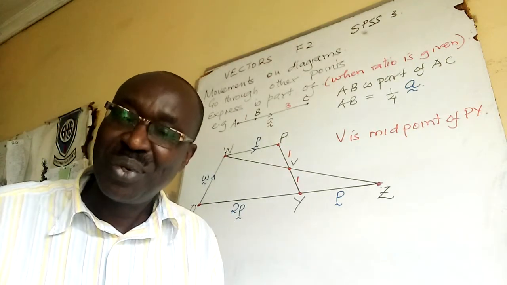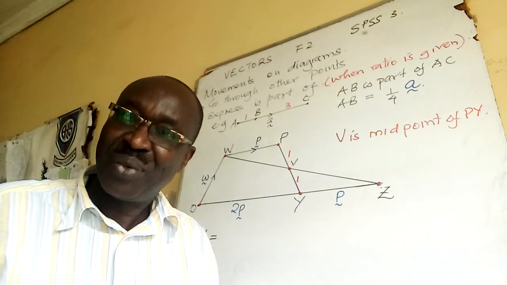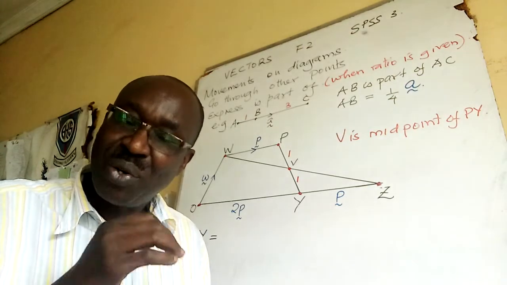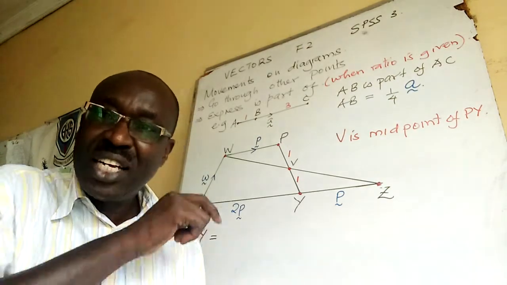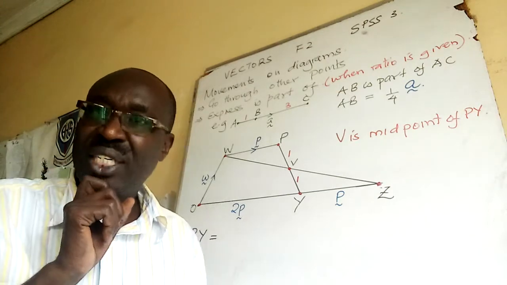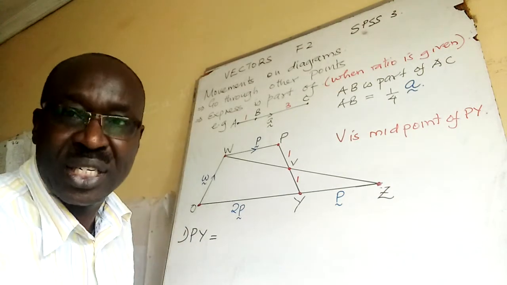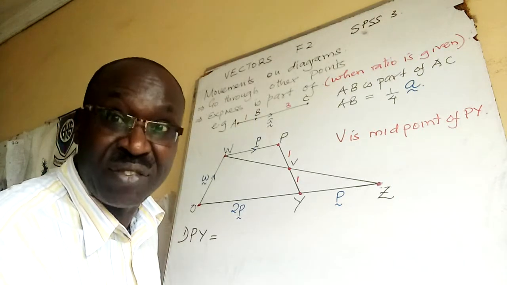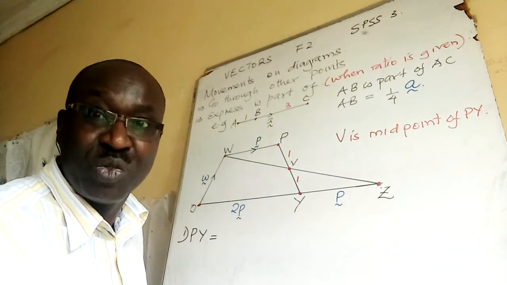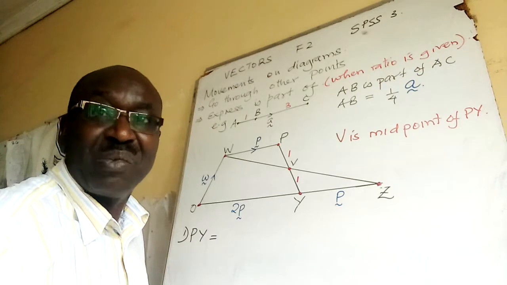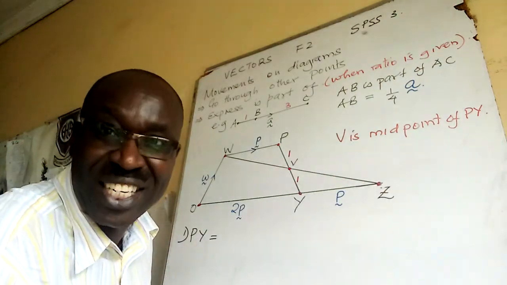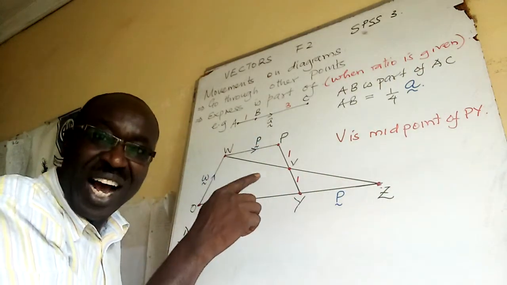So what do you do? You are in P and you want to go to town Y, and there is no direct route. This is what happens in navigation with aeroplanes. Sometimes you don't get a direct flight. You have to make a stopover a bit.